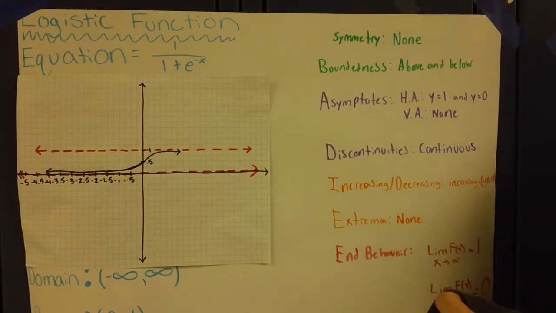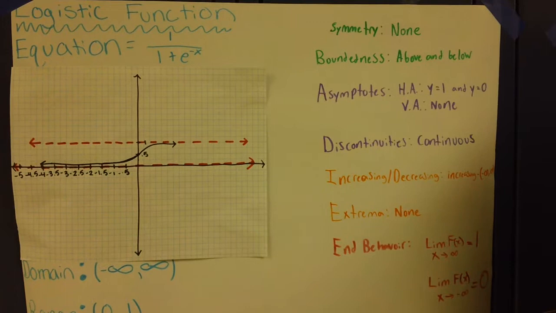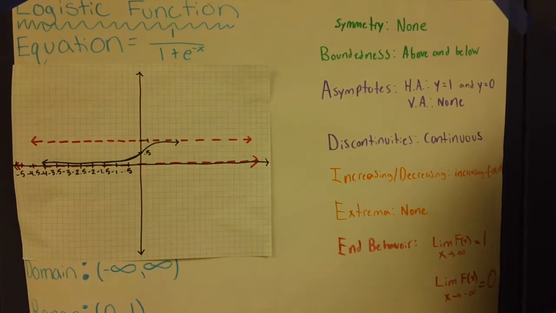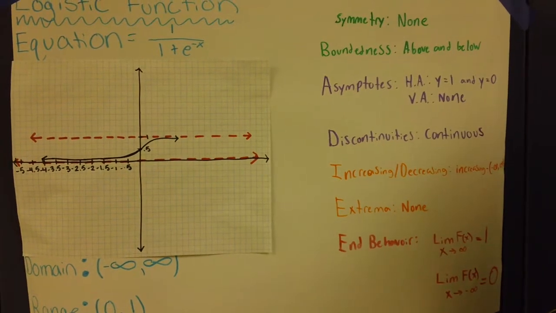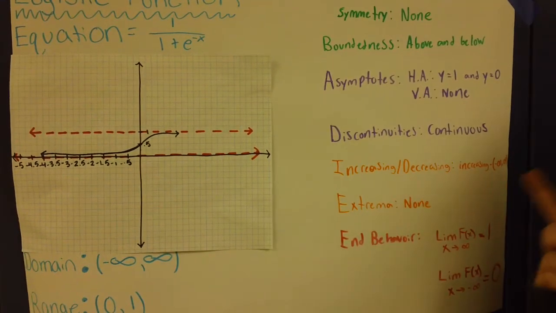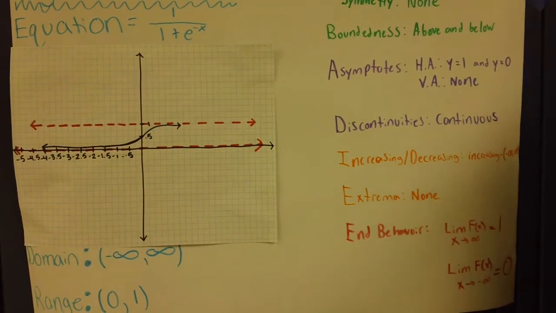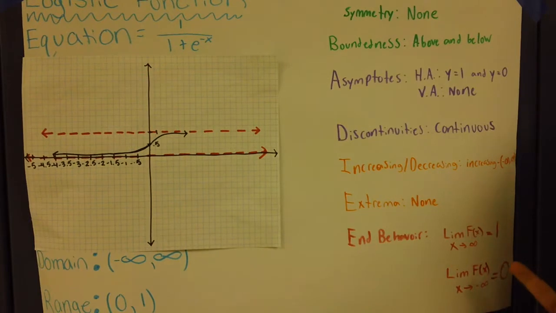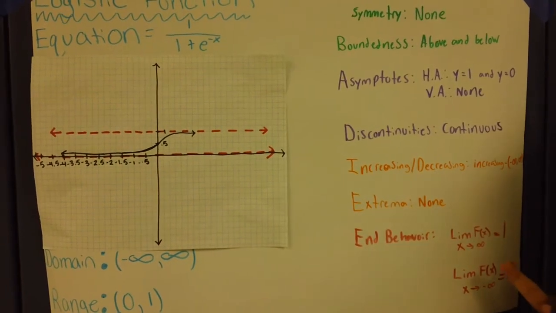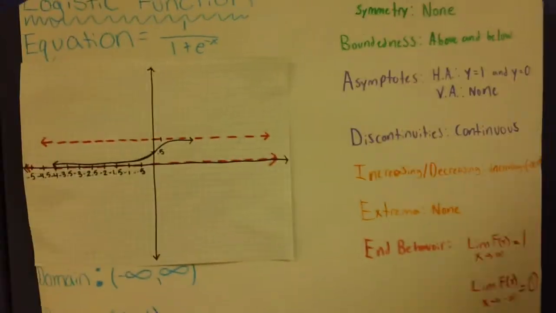There are no vertical asymptotes, but the horizontal asymptotes are at y equals 1 and y equals 0. It is continuous. It increases from negative infinity to infinity. There are no extrema, and the end behavior as x approaches infinity equals 1, and as x approaches negative infinity equals 0.